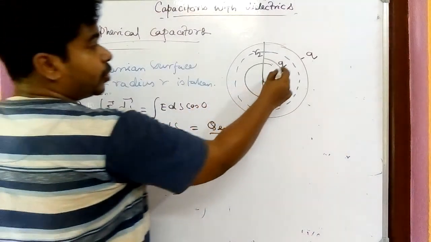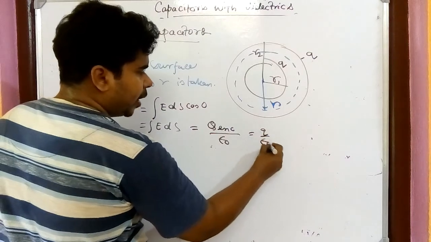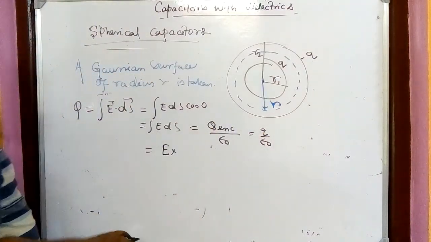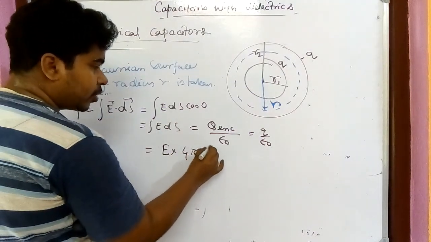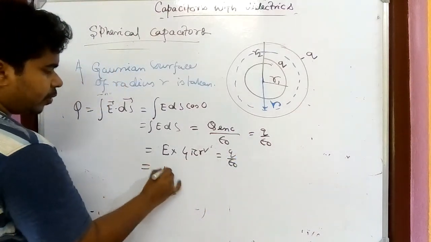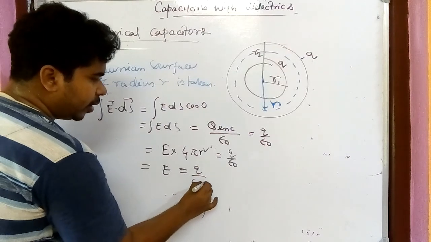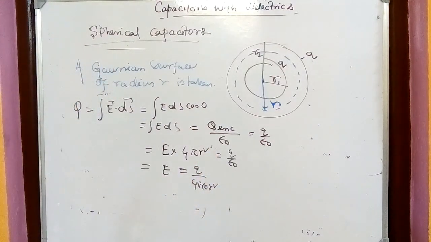How much charge is enclosed here? That is small q. So E into the area of the sphere, 4 pi r square, equals q by epsilon naught. So E equals q by 4 pi epsilon naught r square. That is the electric field.